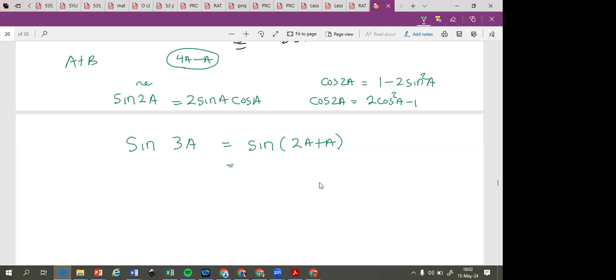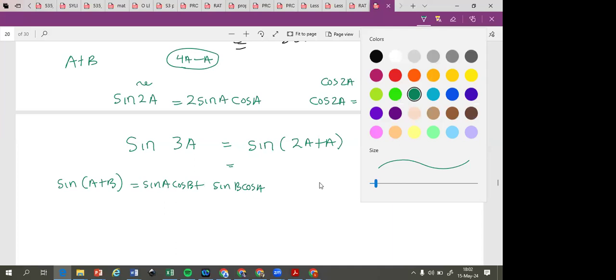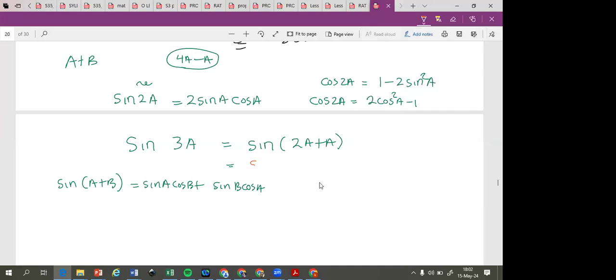So now you go back to our expansion: when I have sine of A plus B, this is the same as sine A cos B plus cos A sine B. This is what we are going to apply here. Now I'll have sine of 2A cos of A plus sine of A cos of 2A.